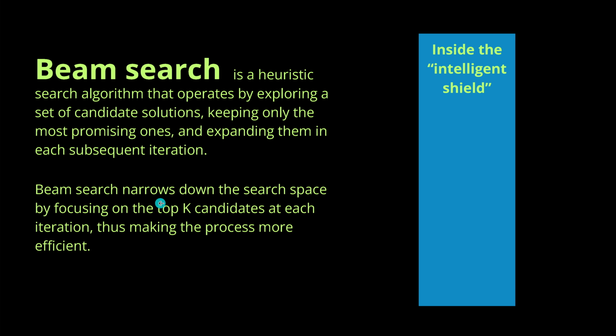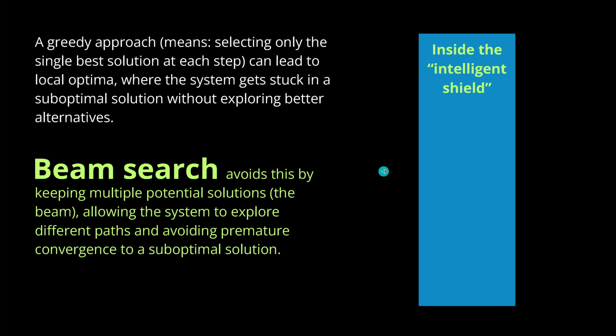This means beam search narrows down here the search space by focusing on the top K candidates, top 10 candidates, top 20 candidates at each generation, thus making the process more efficient. Now, an alternative would be a simple greedy approach. This means selecting only the single best solution at each step, but this can lead to local optima minima, where the system gets stuck here in a suboptimal solution without the power to escape from this gravity wall.